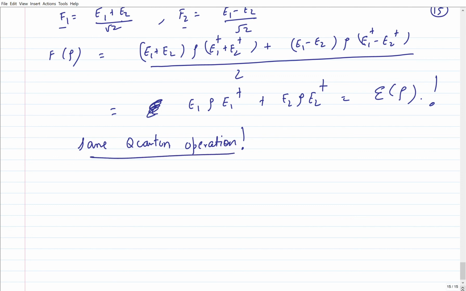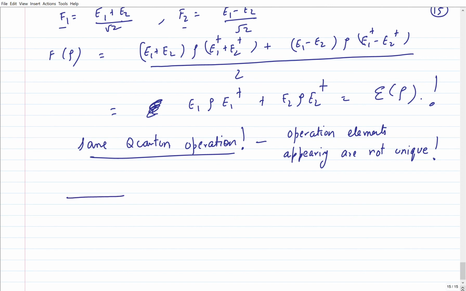Which is kind of interesting, that I can have the same quantum operation, but the operation elements appearing are not unique. So in order to understand the source of this freedom, let's say from a diagram, I have an environment and a system. This is the environment starting in some state. That was our diagram.